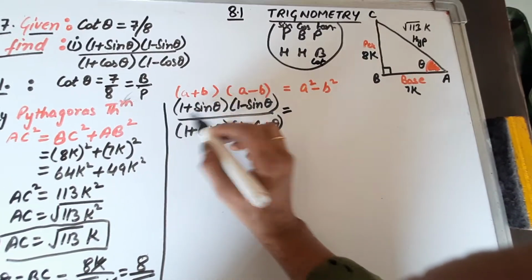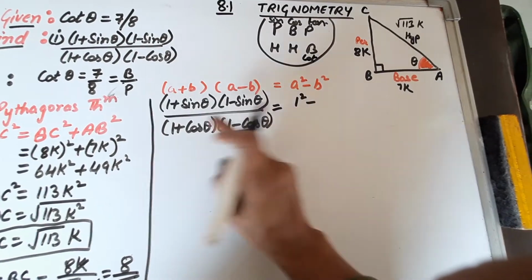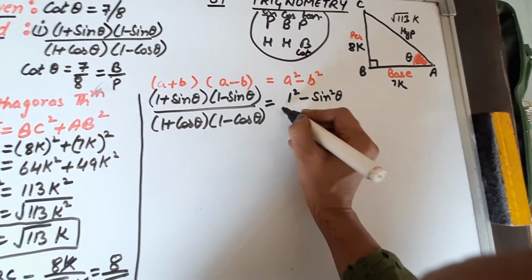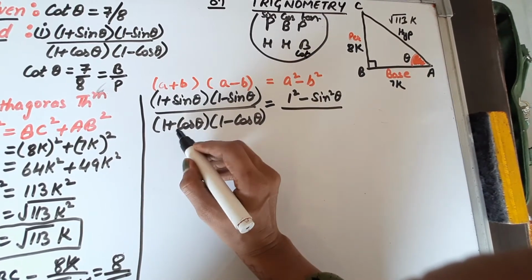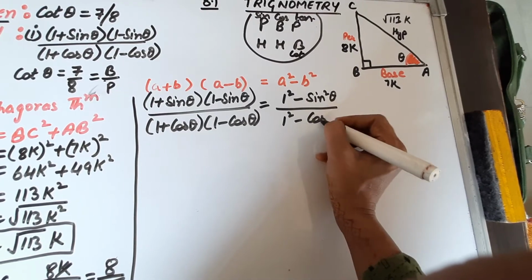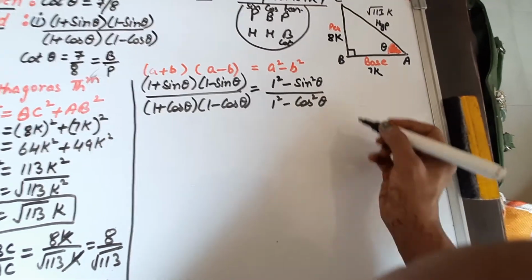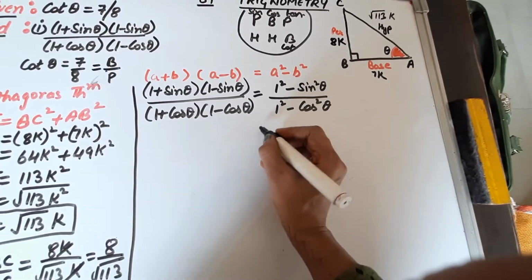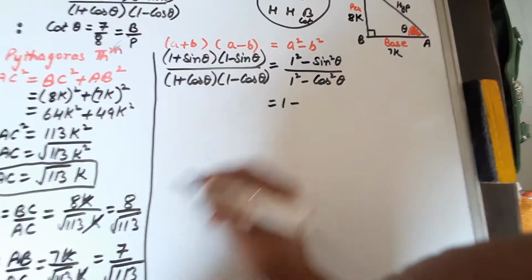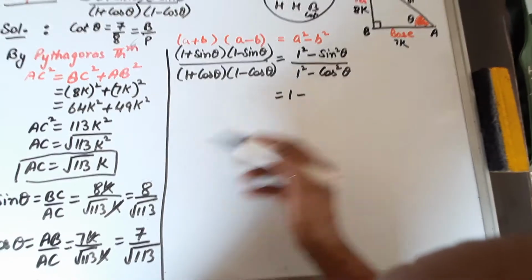So in the numerator, 1 square minus sine square theta, upon, similarly a plus b into a minus b, 1 square minus cos square theta, right? So let us put the value in this. 1 square is 1 minus sine. Sine is 8 by root 113.